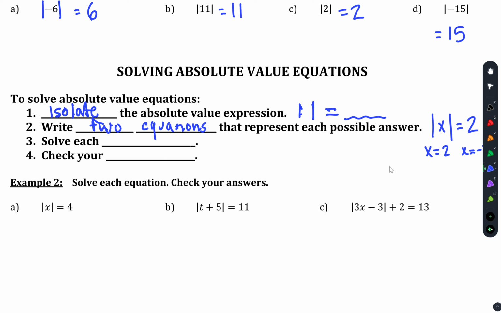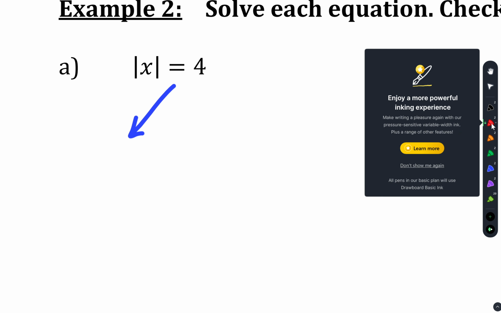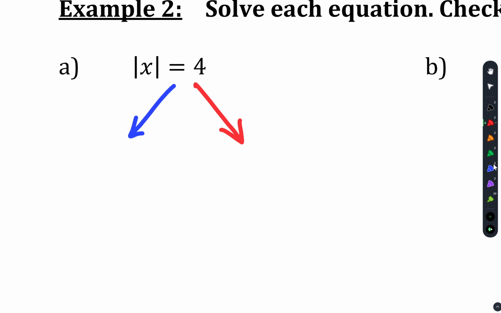Once we split our equation into 2 possible cases, then we are going to solve each equation separately and check our answers at the end. Are we ready to see how this works? It's very simple. So take a look at letter A. The absolute value of x is 4. I have 2 possible cases. One is the positive version. X equals +4.